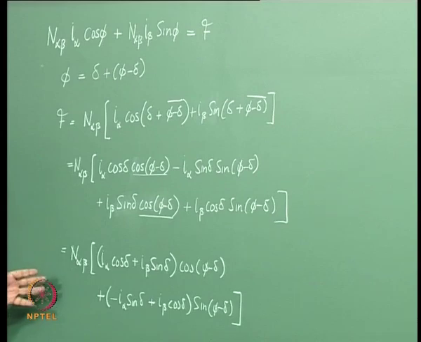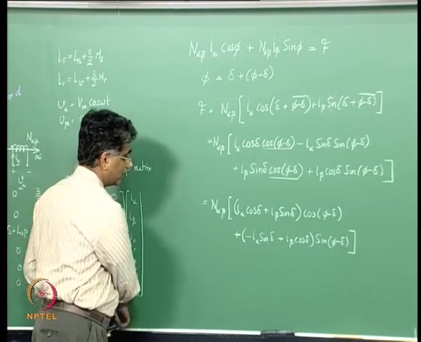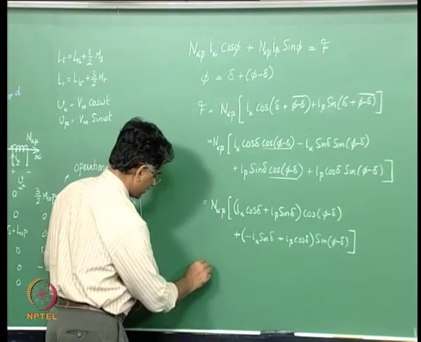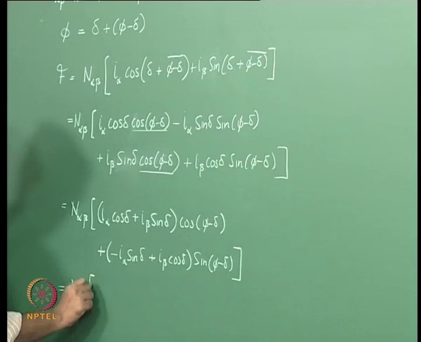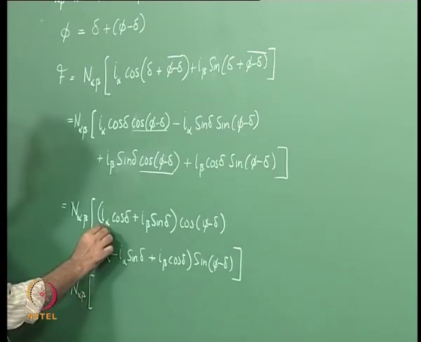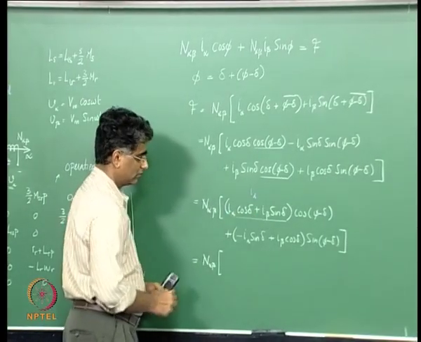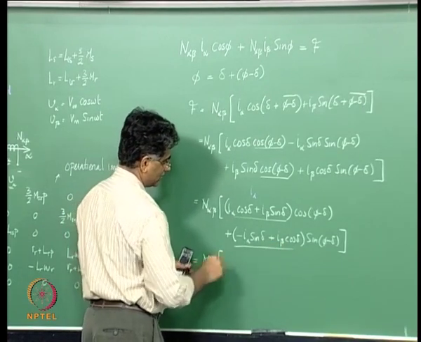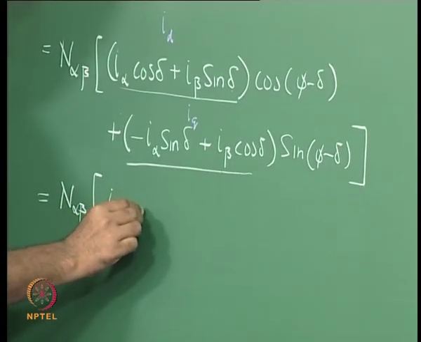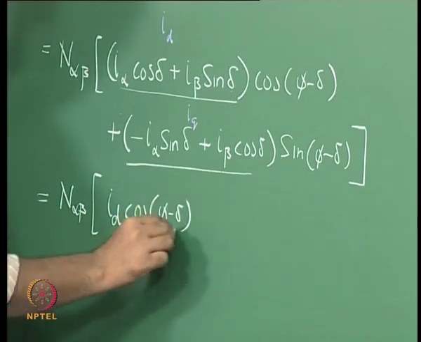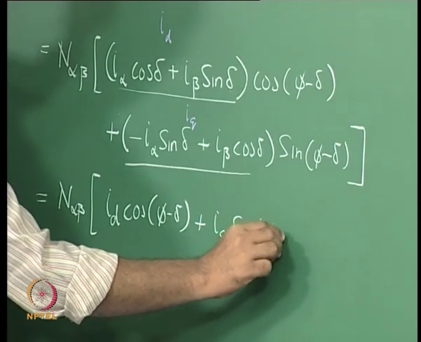However, if you look at this equation, you can write this as n alpha beta multiplied by, let me call this term I d and let me call this term I q. So, I have I d cos phi minus delta plus I q sin phi minus delta.